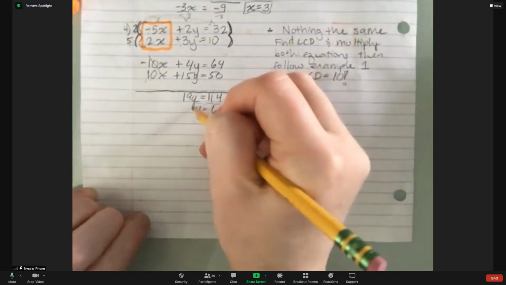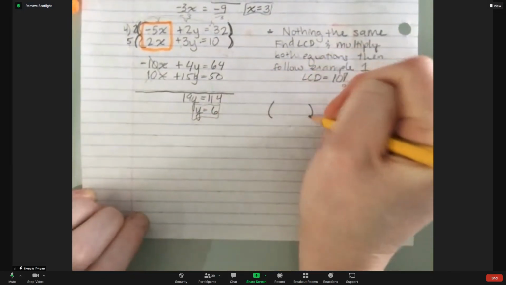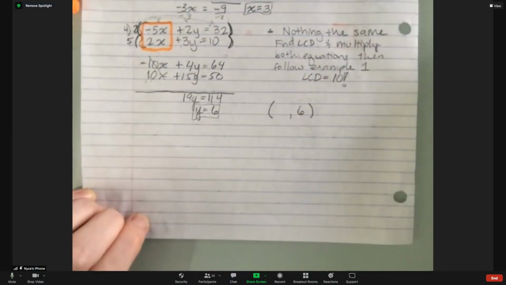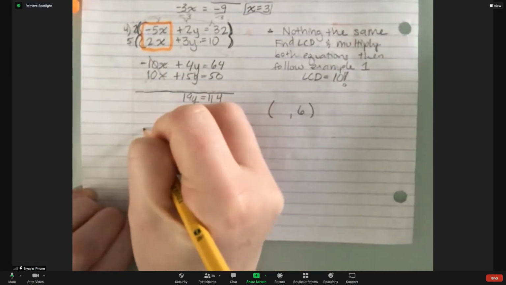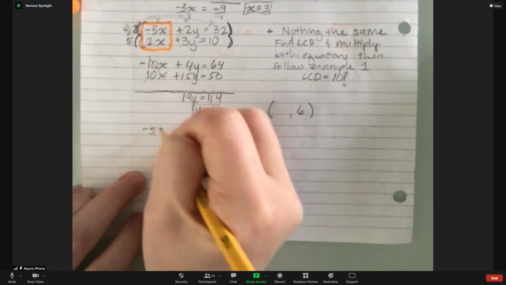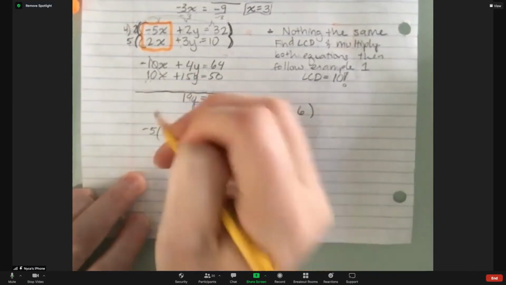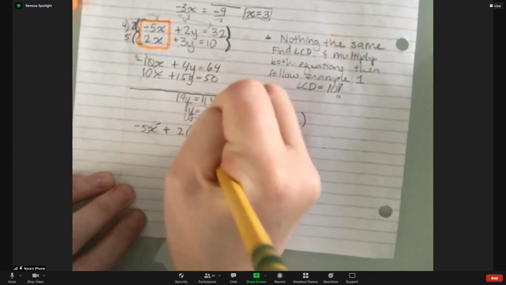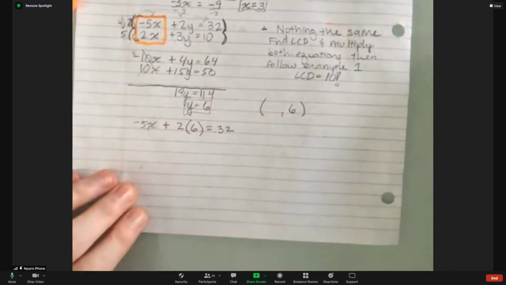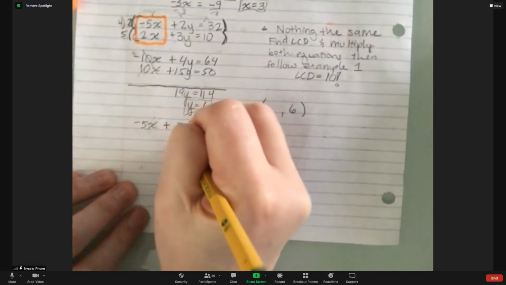What does that mean? That means you have the first piece to your solution. How do you get your second piece? You take that and plug it in. I'm going to go ahead and plug it into the original. -5x plus 2 times 6 equals 32. Now I know I need to get x by itself, so that makes 12.